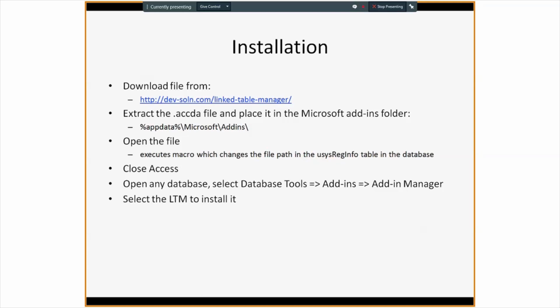And once it's done that, then you can close Access, open up any other database, select the database tools, add-ins, add-in manager, and I'll kind of walk you through that here in a minute. And then select the LTM to install it. And once you've done that, you're ready to use it.